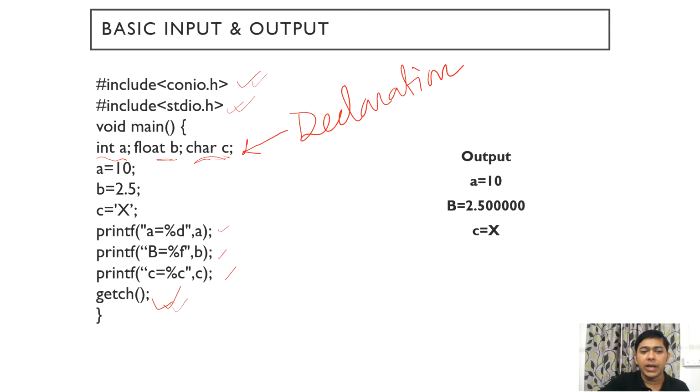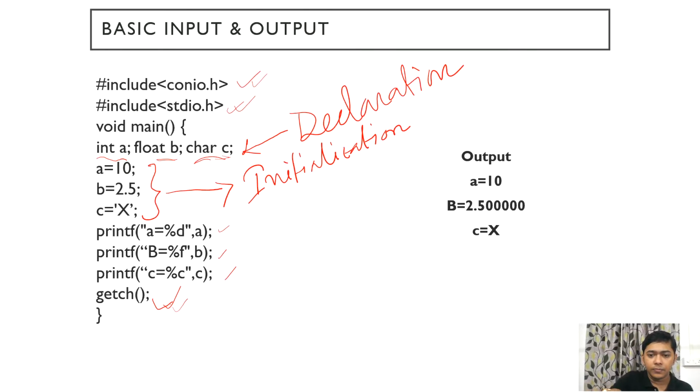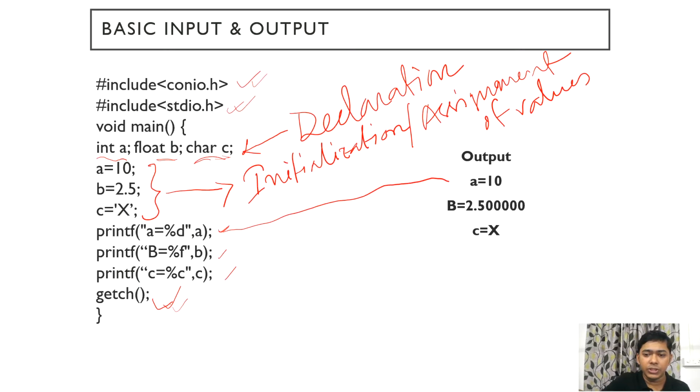All these variables I have declared here, and these are assignment, or you can say initialization, assignment of values. Fine. So here I have executed. This one will produce this output, this will produce this output, and this will produce this output.